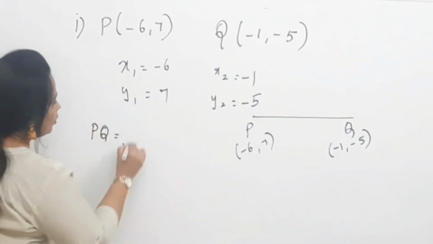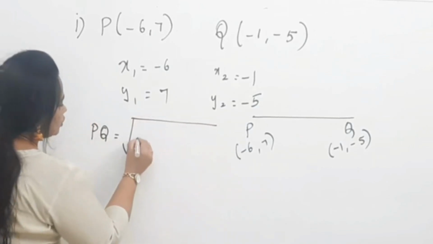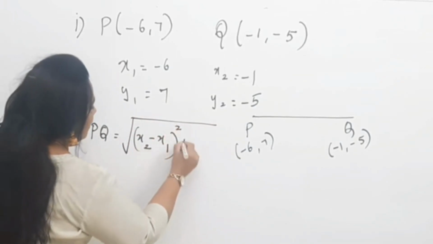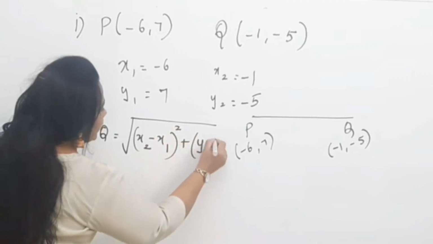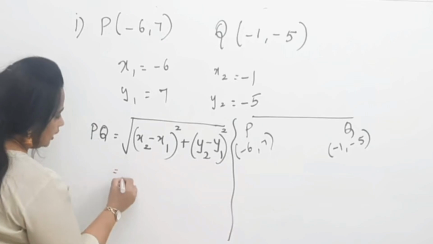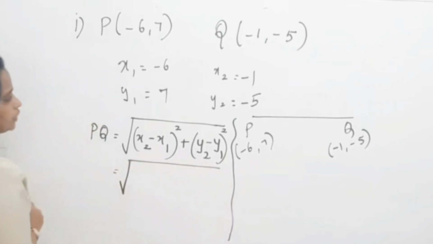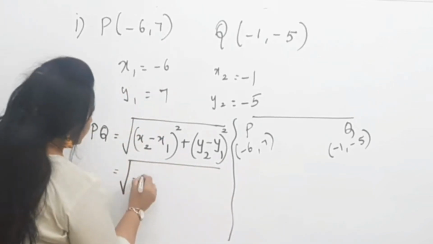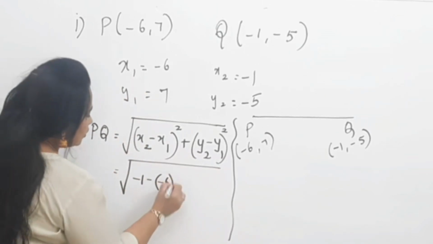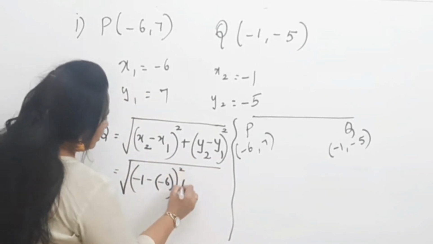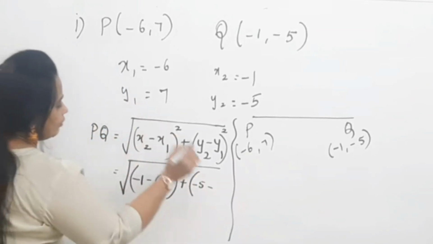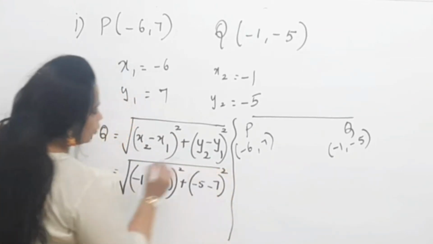So we will write the formula, that is PQ is equal to square root of (x2 minus x1) the whole square plus (y2 minus y1) the whole square. So hope everyone understood. Thus we are going to substitute here. My x2 is -1 minus my x1, which is -6, the whole square, plus y2, which is -5, minus y1, which is 7, the whole square.